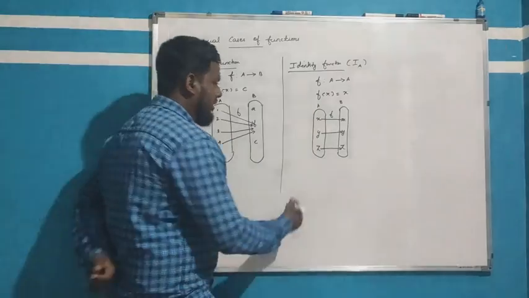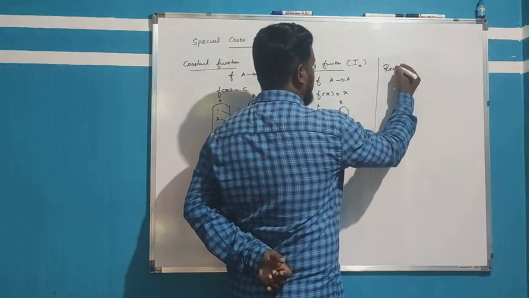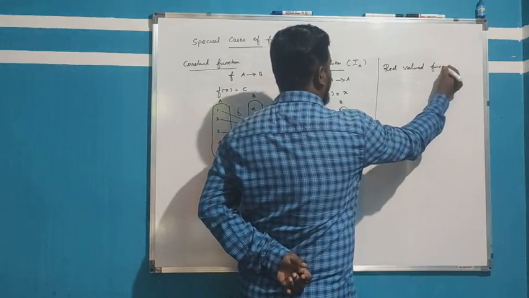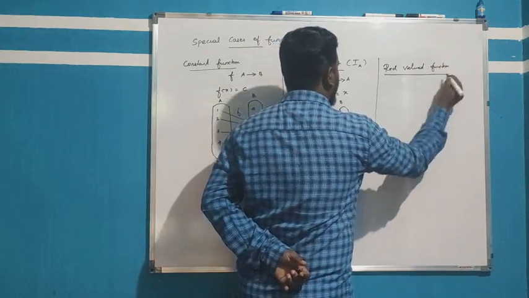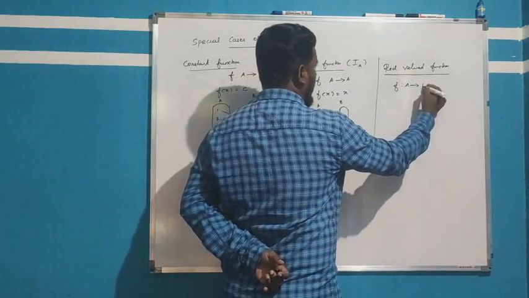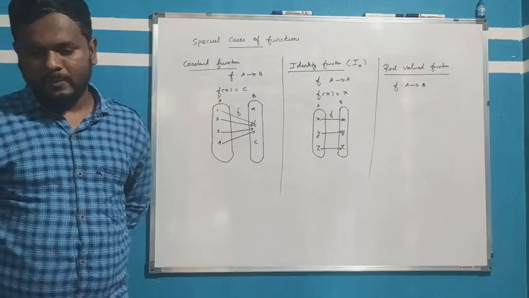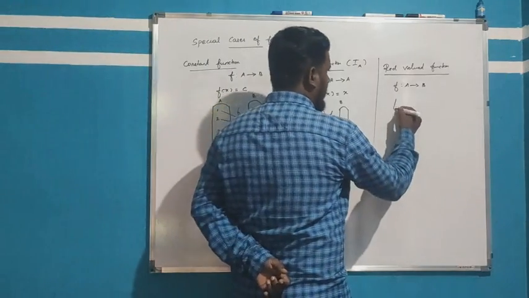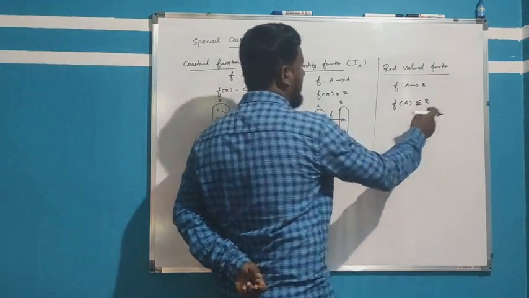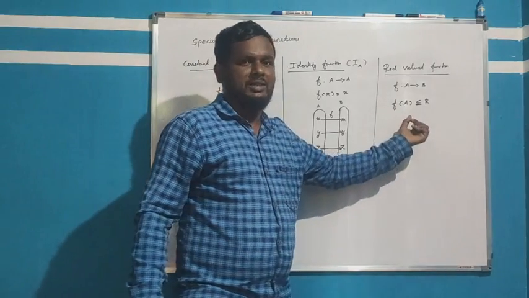So next we can see real valued function. What is the real valued function? Real valued function f from A to B. f of A is a subset of R. That means f of A is a subset of R, which is the range.